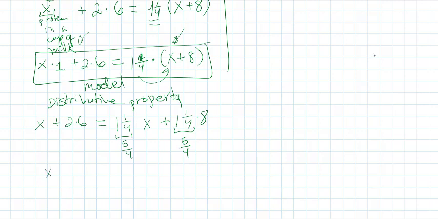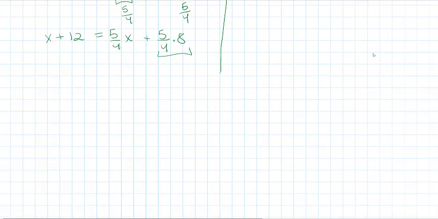So now we have x, and we can do this multiplication, plus 12 equals 5 quarters of x plus 5 quarters times 8. Now we can simplify this fraction here. Since 4 goes into 8 2 times, we can write this as x plus 12 equals 5 quarters x plus 5 times 2.